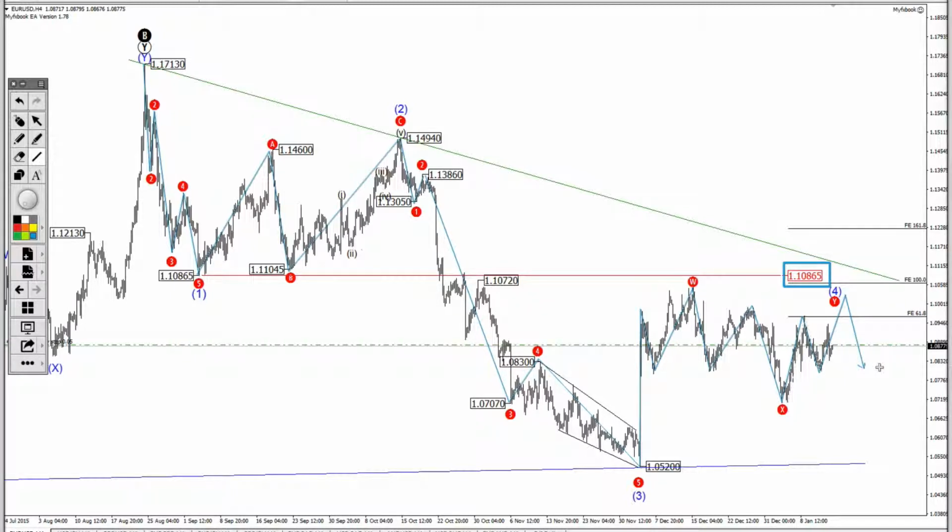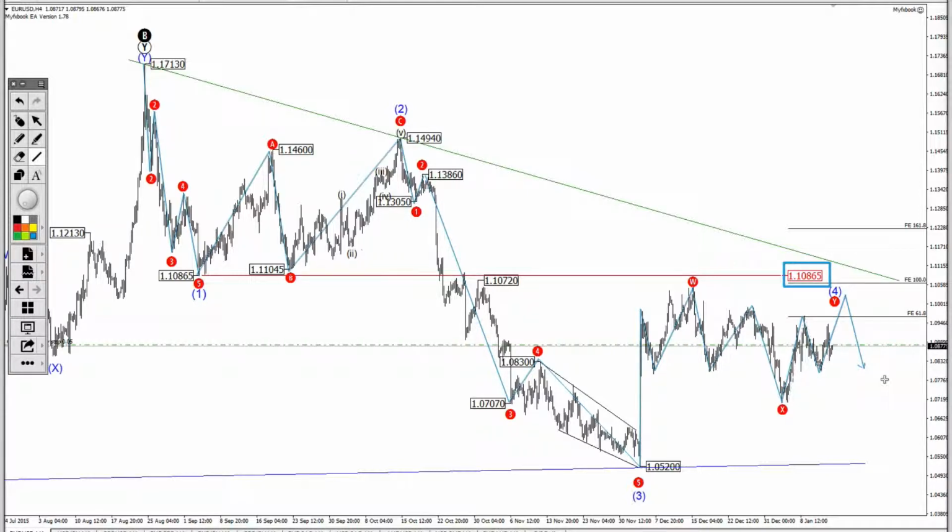You can get very accurate targets, very good support and resistance levels with this tool. I strongly propose you learn to use it properly, and you will get the most out of this tool. Elliott wave principle is very strongly related to Fibonacci levels, Fibonacci relationships between the waves.